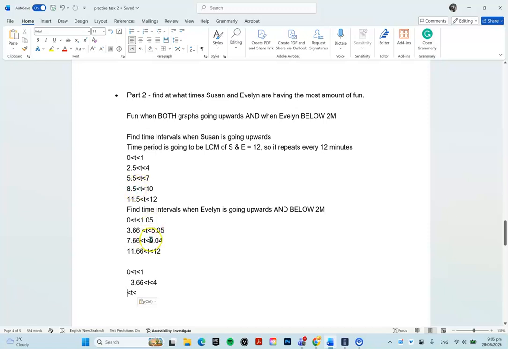It's going to have to start at 8.5, because that's the only region of overlap, because the 8.5 can fit in here. And it's going to go to 9.04, because it can't go to 10, because here it stops at 9.04. And then the last one should be, can't do 11.5, have to start at 11.66 to 12.